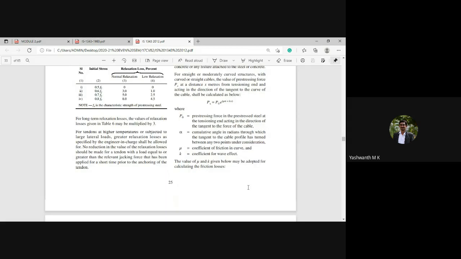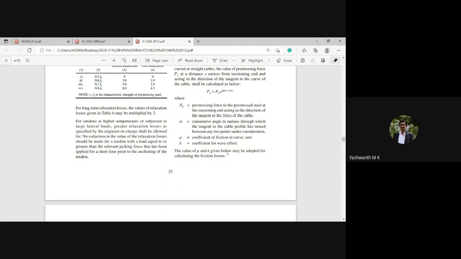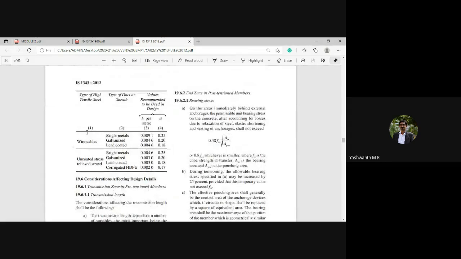The values of mu and K are given below. You can see here the types of steel, wire cables, based upon the ducts, and what the K value and mu value are. So when data is missing with respect to K and mu, you can pick up the K and mu values from this particular code, that is IS 1343/2012.